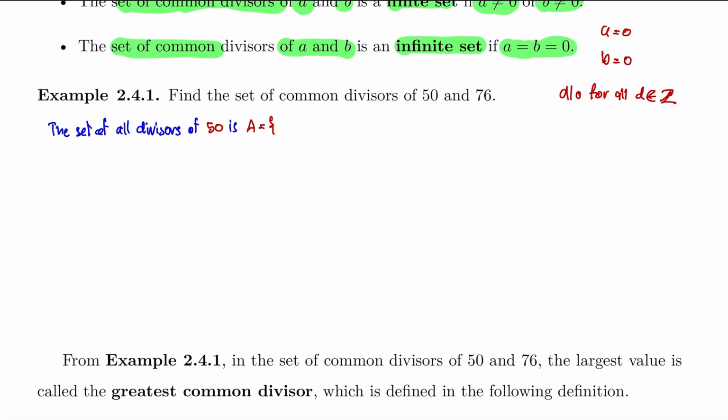We might start from 1, 2, 5, 25 and 50, and the negative numbers of these divisors. So we're going to have minus 1, minus 2, minus 5, minus 25, and minus 50. This is the set of all divisors of 50.